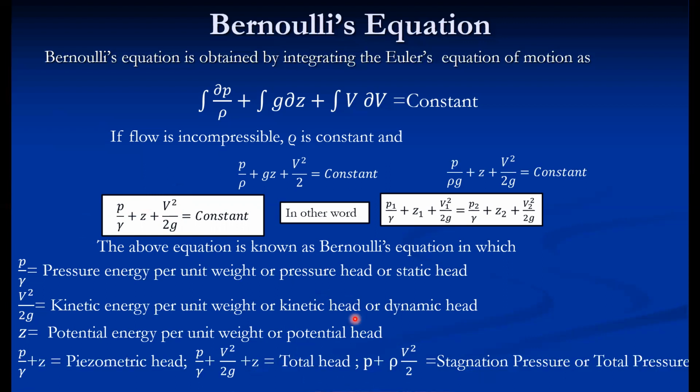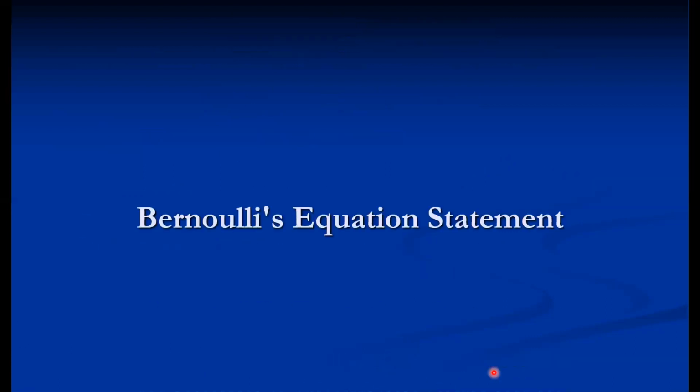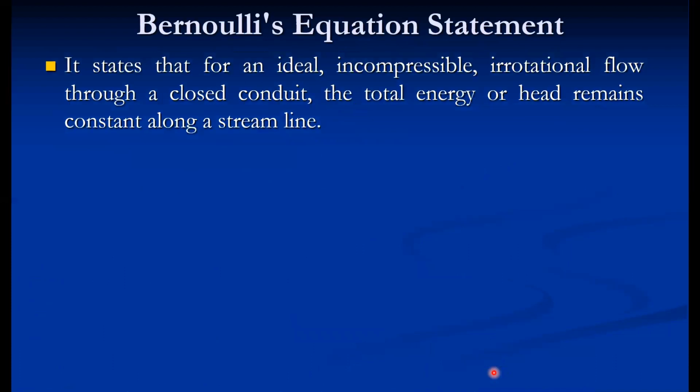Or in terms of pressure, if we consider P plus rho V square by 2 and multiply both sides by gamma, gamma, that is rho g, gets cancelled, and rho V square by 2 is called the stagnation pressure or total pressure. So from this expression, Bernoulli's theorem can be stated: for an ideal incompressible irrotational flow through a closed conduit or along a streamline, the total energy or head remains constant.